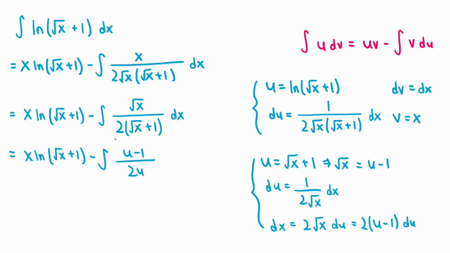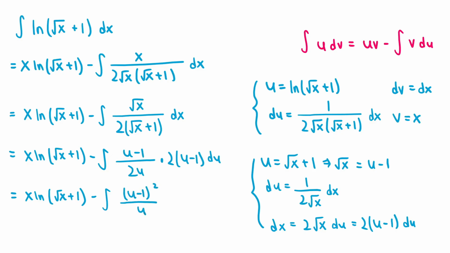So square root of x over 2 times square root of x plus 1 is u minus 1 over 2u, and since dx equals 2 times u minus 1 du, we also have to multiply by 2 times parentheses u minus 1 du. The 2 and the 2 in the denominator cancel out, so once we simplify the integrand, this just becomes minus the integral of u minus 1 all squared divided by u du.